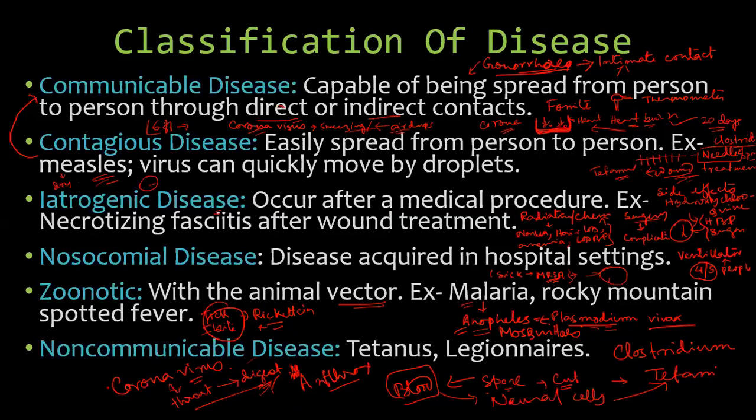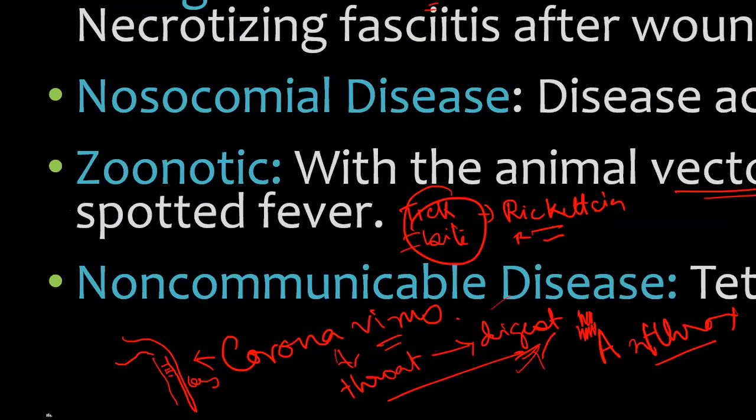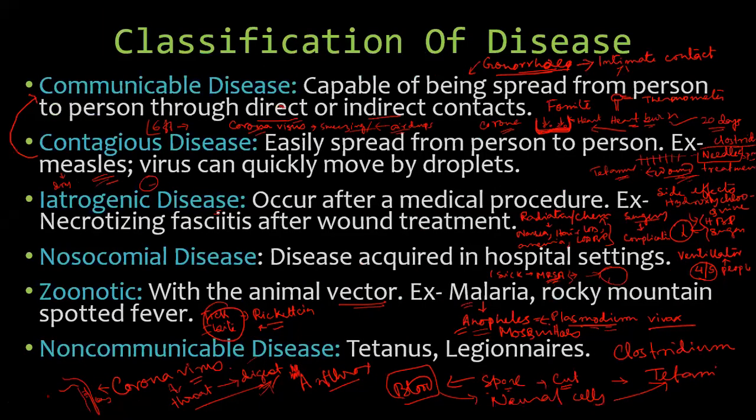But if you inhale, how does it go? Like this is your mouth. One part goes directly to the esophagus, the digestive part, and from here there is your trachea, the respiratory part. Instead of going to the digestive part, if they enter the respiratory part, that's the preferred pathway for them.